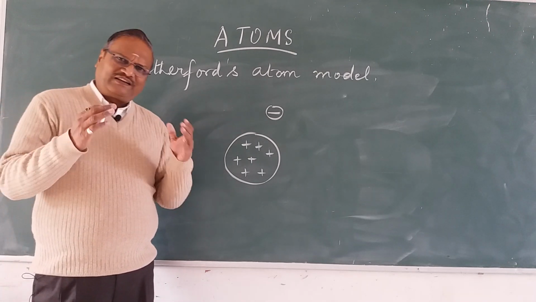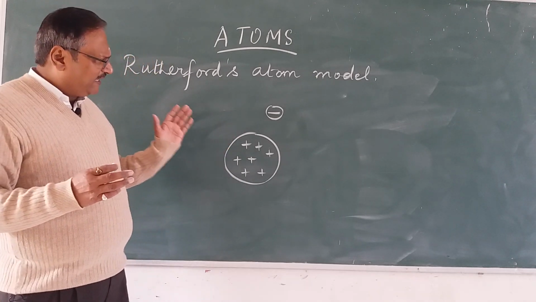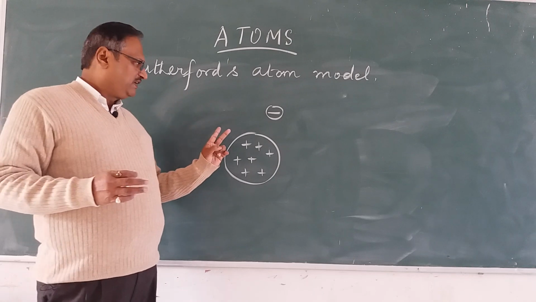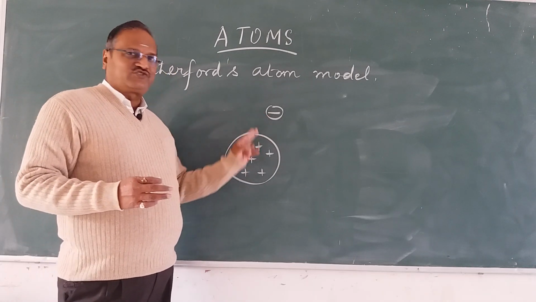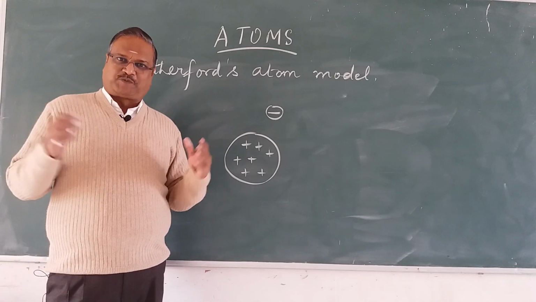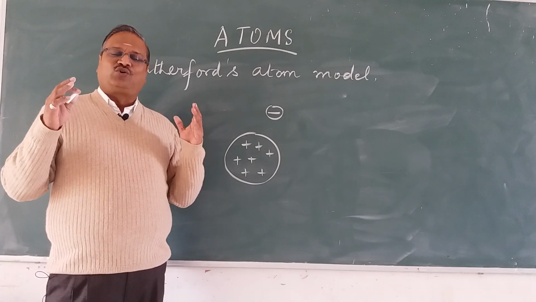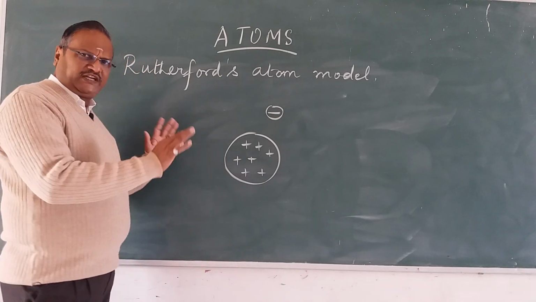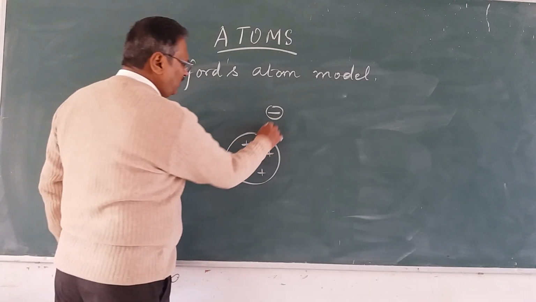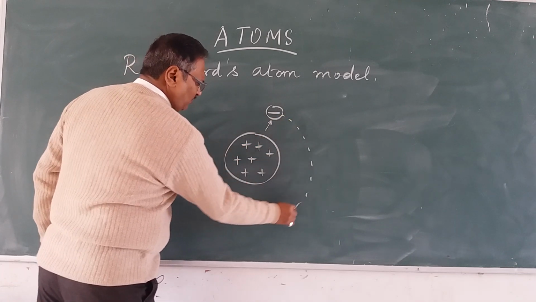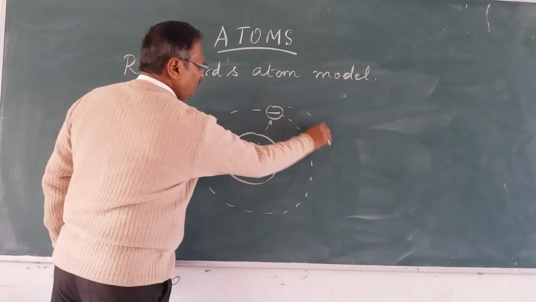According to this, again there are two drawbacks. But he did an experiment in order to show that the electrons are outside, and that is the gold foil experiment. This is the first thing he did: he took the electron out of the nucleus and said that the electrons are revolving around it.